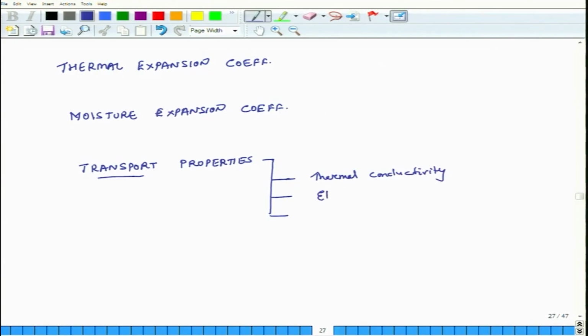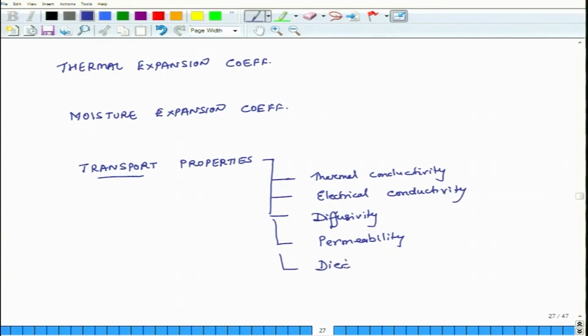Then electrical conductivity, then we have diffusivity, then we have permeability, magnetic permeability and electric permeability, and we can also have dielectric constants.